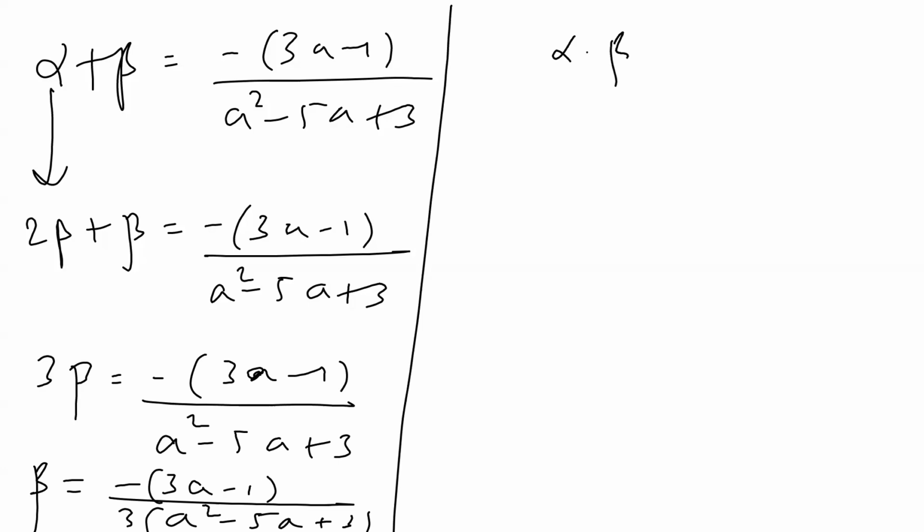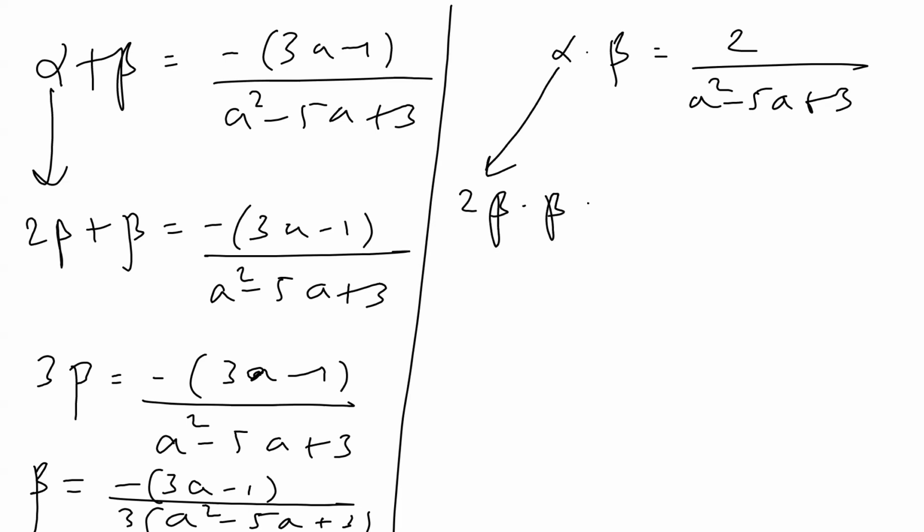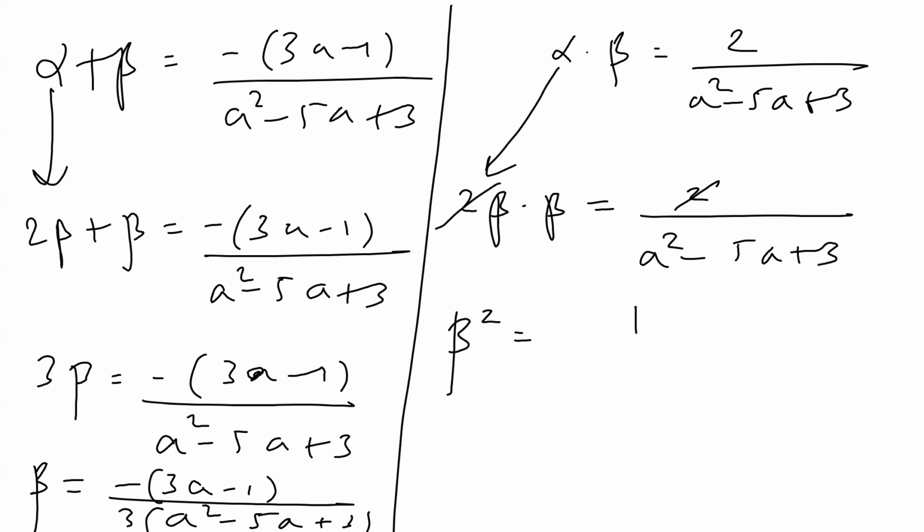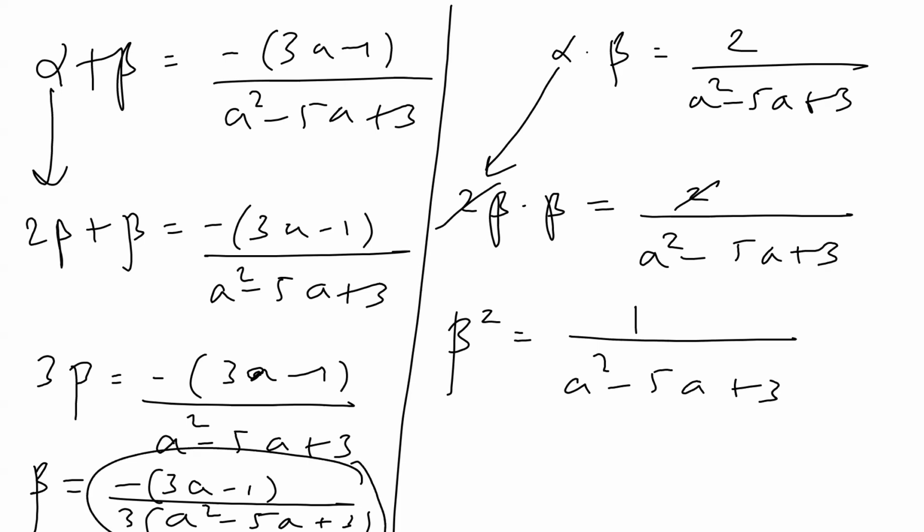Now alpha into beta is 2 upon a square minus 5a plus 3. Now alpha is 2 beta into beta is equal to 2 upon a square minus 5a plus 3. Okay, 2 will get cancelled. So this is the value of beta square, 1 upon a square minus 5a plus 3. Now this is the value of beta.